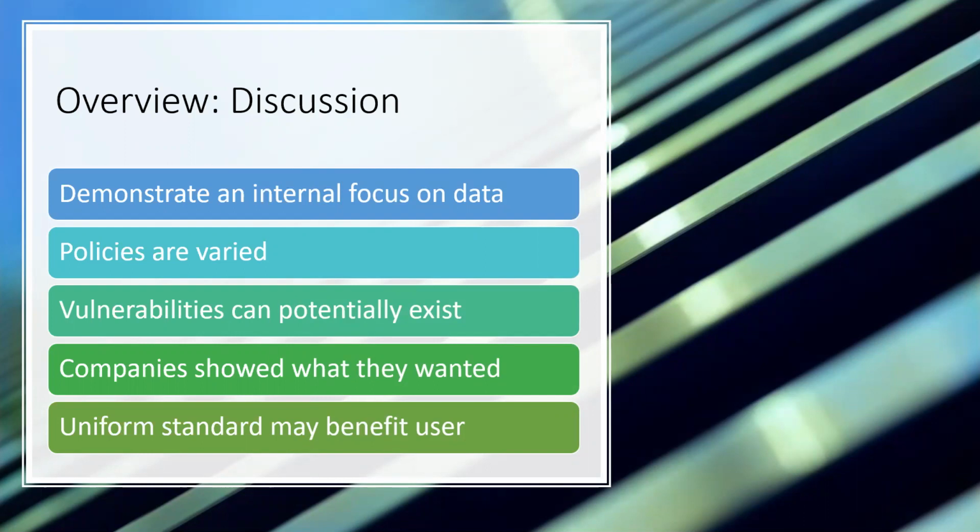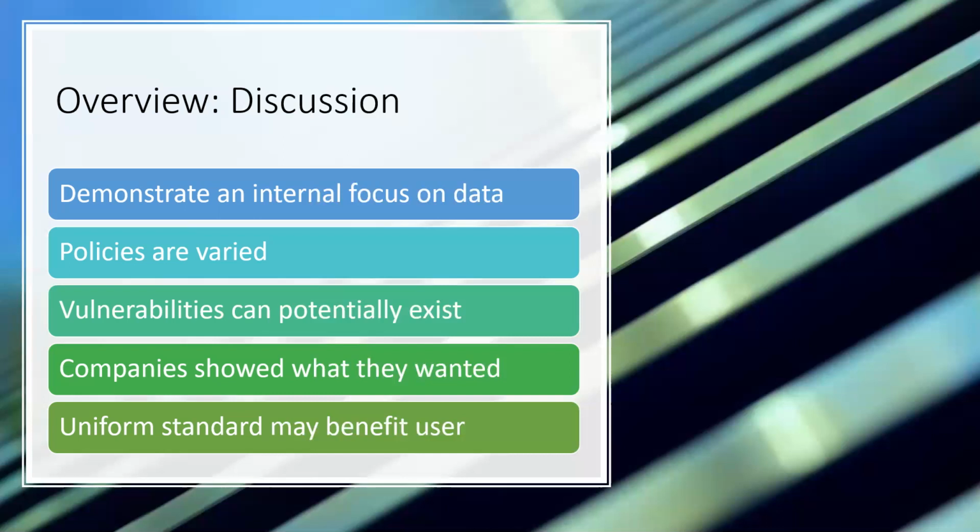No one policy looked the same, and they contained different pieces of information and discussed different points. Vulnerabilities can potentially exist, as I mentioned, with third parties. If you're sharing data and you pass off responsibility to that company, then there's the potential that the data originally collected by that company could fall into the wrong hands or be used for the wrong purposes.